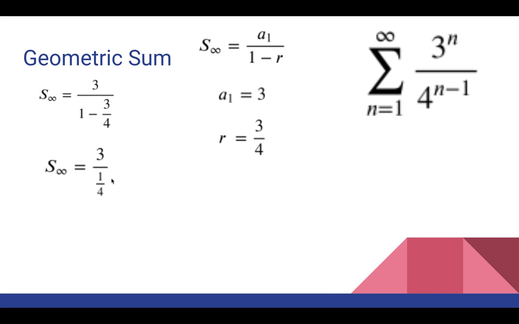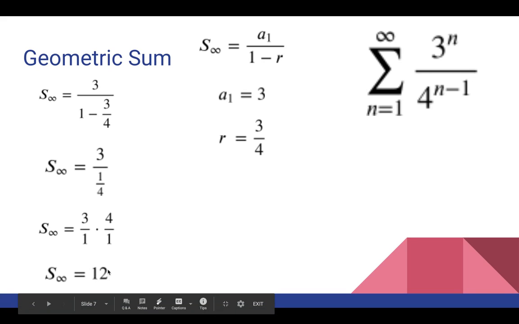And if you remember, save it, change it, flip it from 6th grade, this is going to be equal to 3 over 1 times 4 over 1, which is 12. So as we add up all the terms in this sequence, the infinite series will get closer and closer to 12. And yeah, that's that.